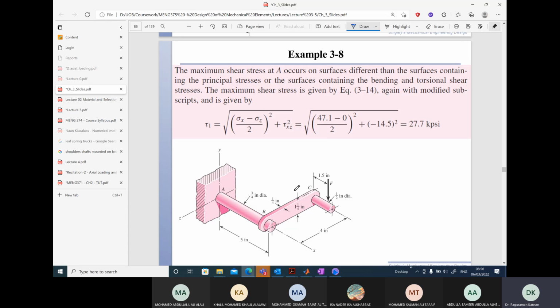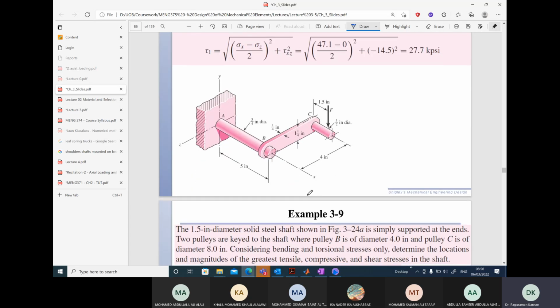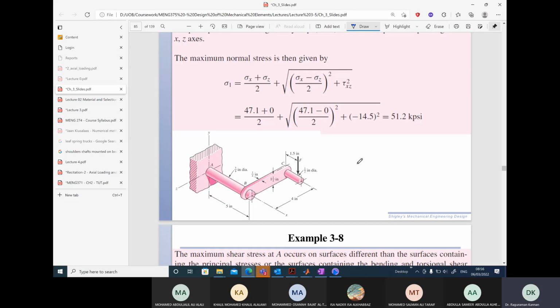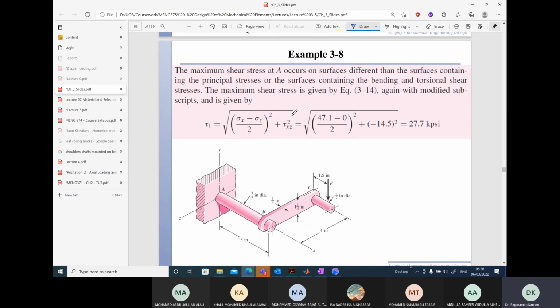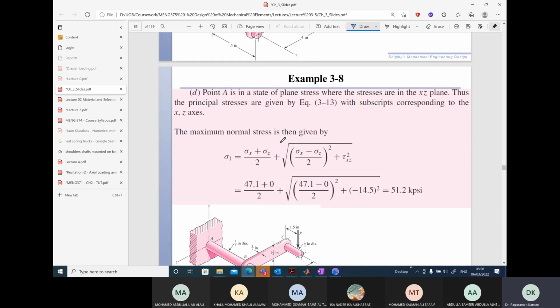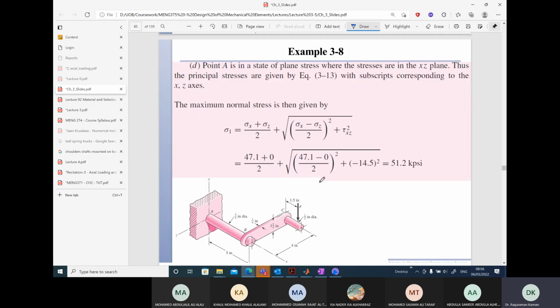This is very simple, so I'm not going to do that. You can do it by yourself, calculating using the formulas or using the Mohr circle method. Since we have only two components, it reduces to a 2D problem, and you can easily solve it.